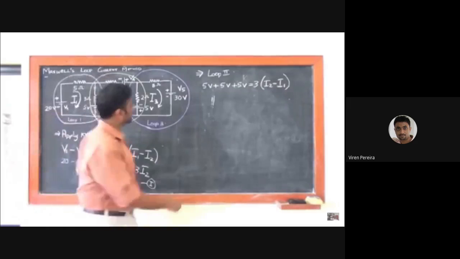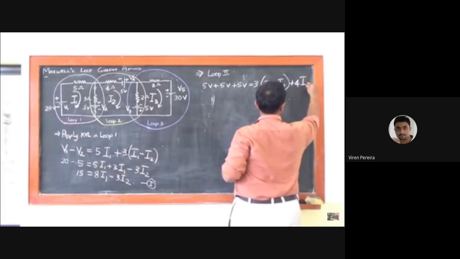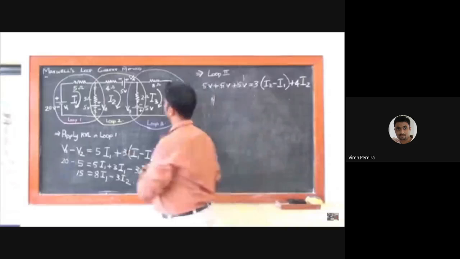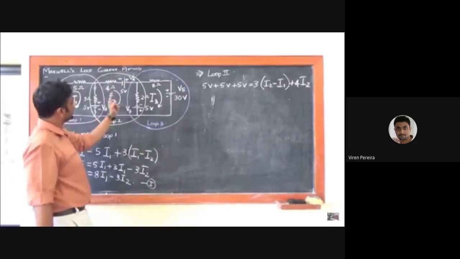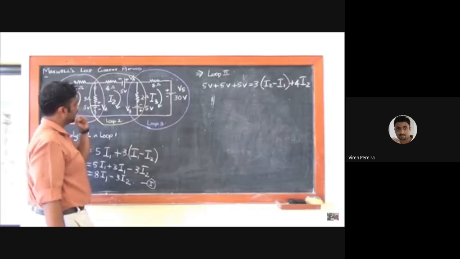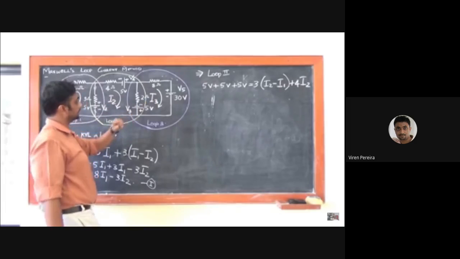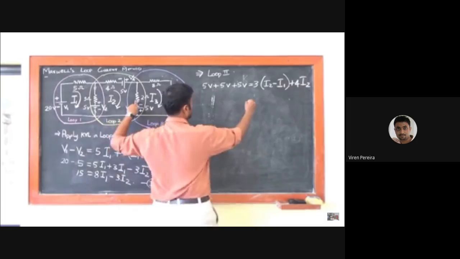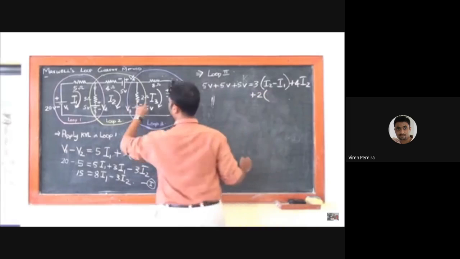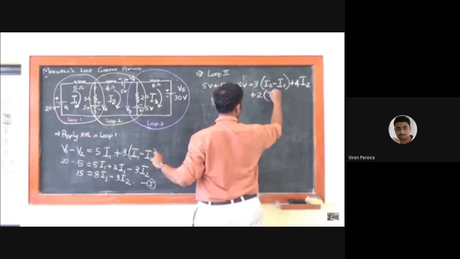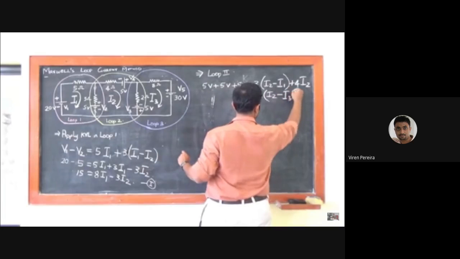So I have 4 I2. What about this resistor? This 2 ohms resistor? It is linked with I2 and I3. Again, you have to consider I2 first and then I3. So it will be plus 2 ohms into bracket I2 minus I3.